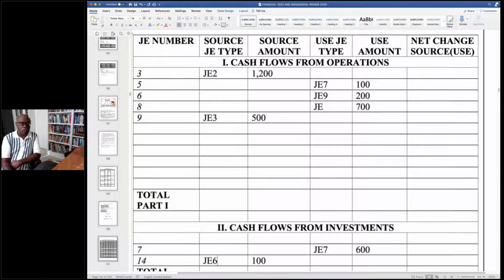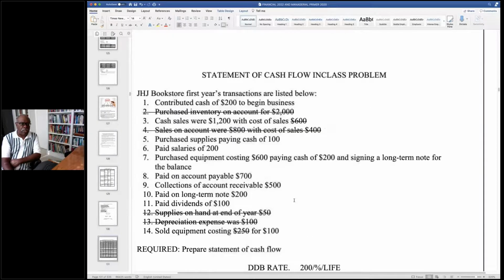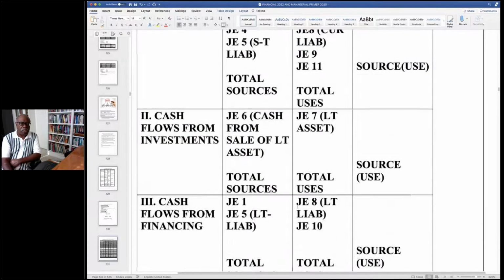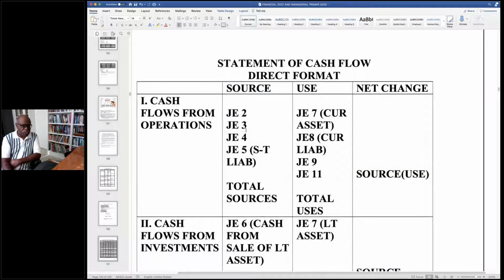So what do we do? We look at these transactions and we scratch them out if they didn't involve cash, 1 through 11. Then, utilizing our chart, we place the dollar amount of those journal entries in operations, if they were a source of cash or use of cash.